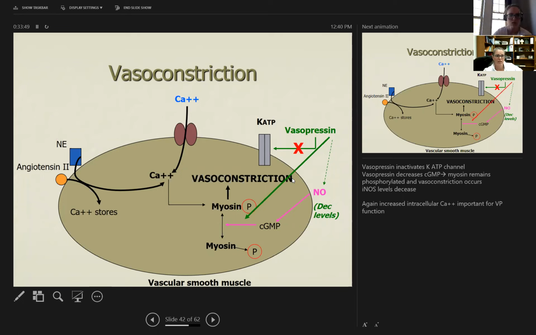And calcium is allowed into the cytosol from the extracellular space, increasing cytosolic calcium and also contributing to smooth muscle constriction.